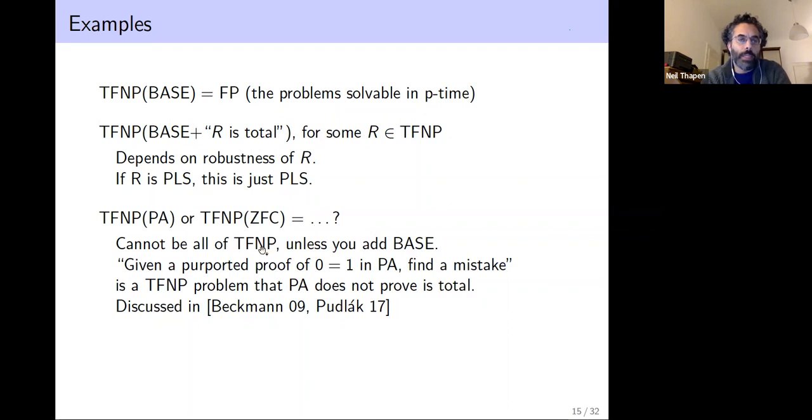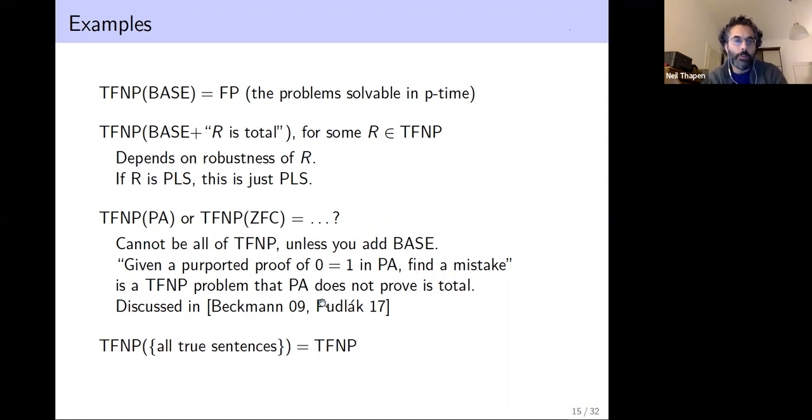If you don't have base, you can't get everything, because of Gödel's theorem, because consistency can be written like this. PA is consistent, so this search problem is total, but PA doesn't prove it's consistent itself, so it won't prove this is total. If you add base, I'm not quite sure what you'll get, and there are some papers discussing this kind of question.